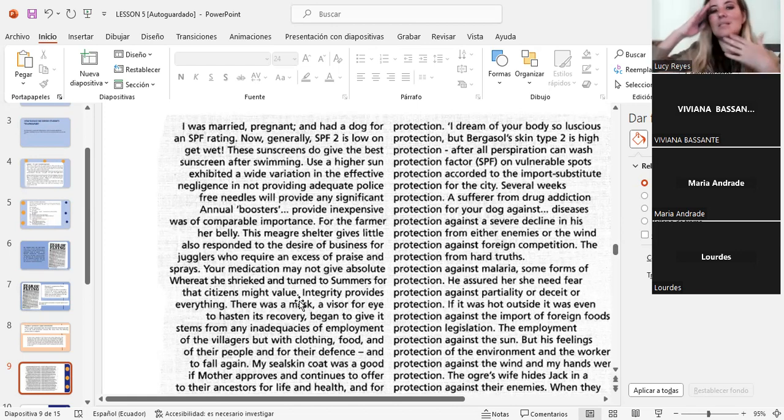Okay, look at this. When you want the students to learn a word, the best way is to give them a lot of examples in a context. Okay, a lot of examples, like the word protection.